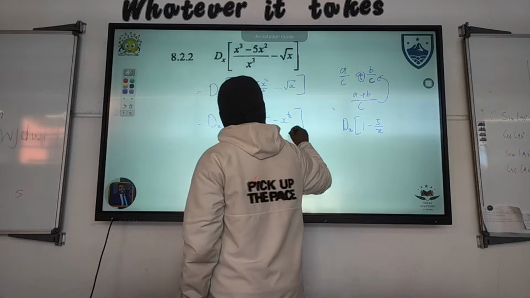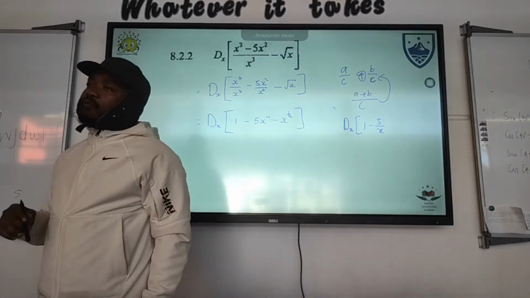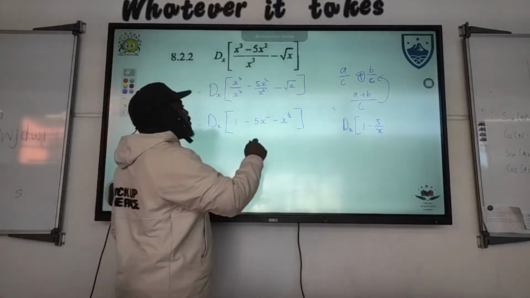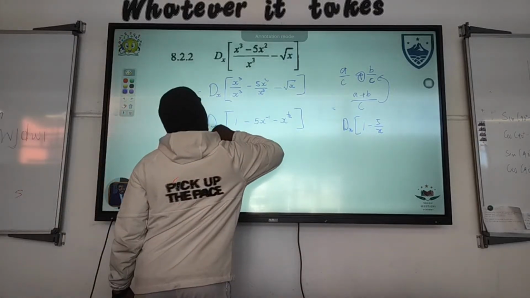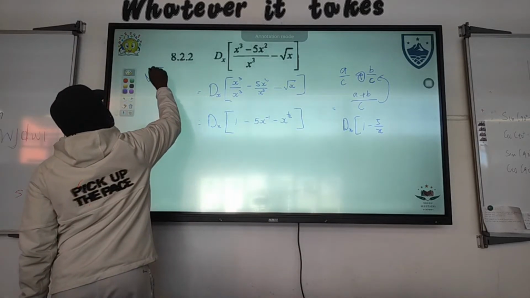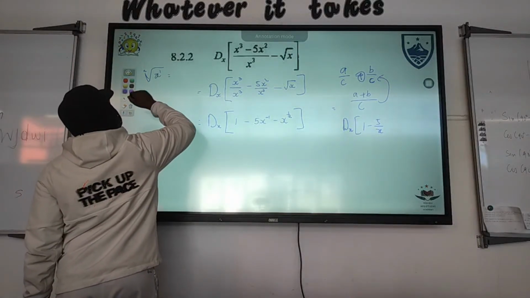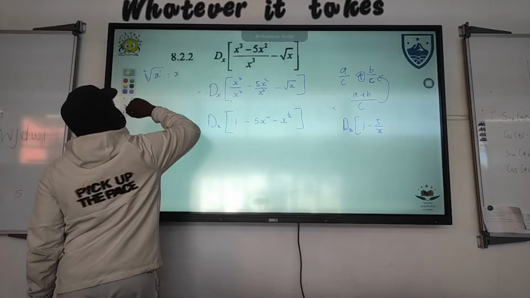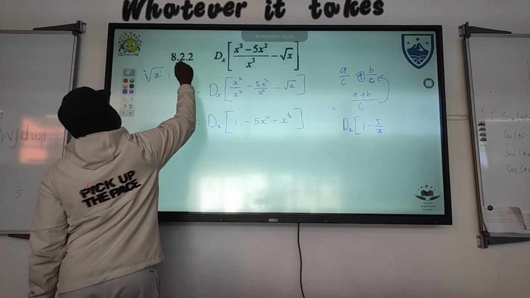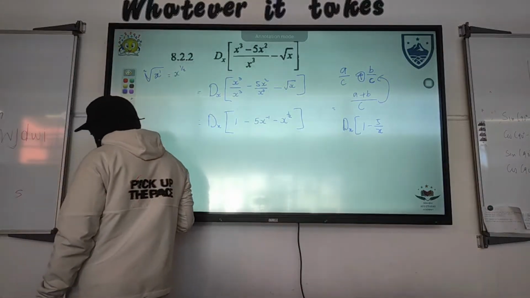Remember, square root is to the power of 1 over 2 because there's a 2 here. So if we have a square root of x, there is a 2 here and there is a 1 here. So whatever is inside goes on top. Whatever is outside goes to the bottom.